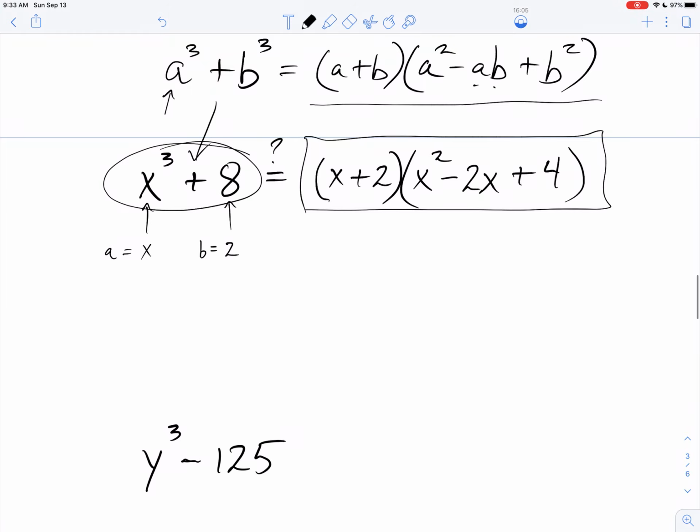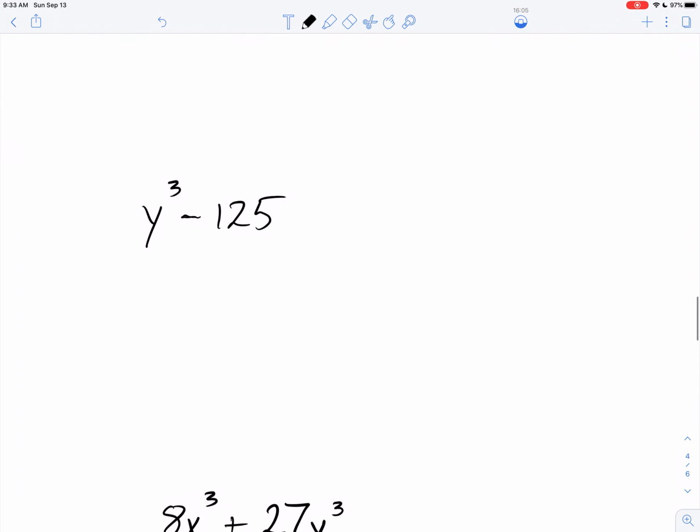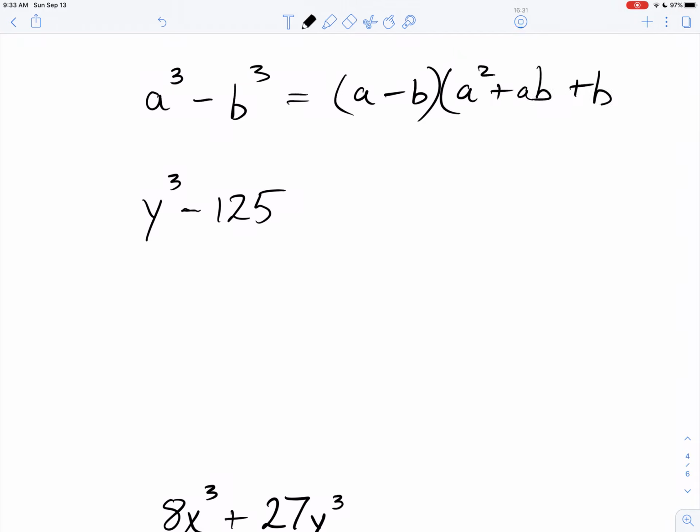So here we go. I'm going to go down to this one. We got another one, but this one is the difference of cubes. So just like I did before, I know that the original formula says a cubed minus b cubed. Well, a cubed minus b cubed is a minus b times a squared plus ab plus b squared.